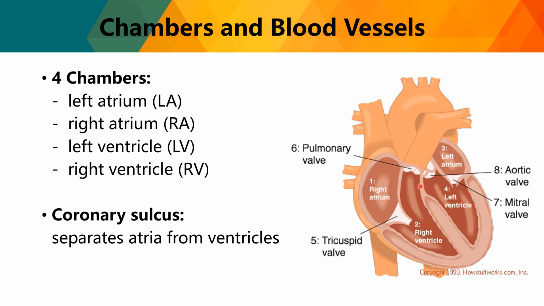Basically, your right atrium and your right ventricle are divided by your tricuspid valve. And for the division of your left ventricle and the left atrium, you have your mitral valve. So these valves have the role of preventing the backflow of your blood. Okay?